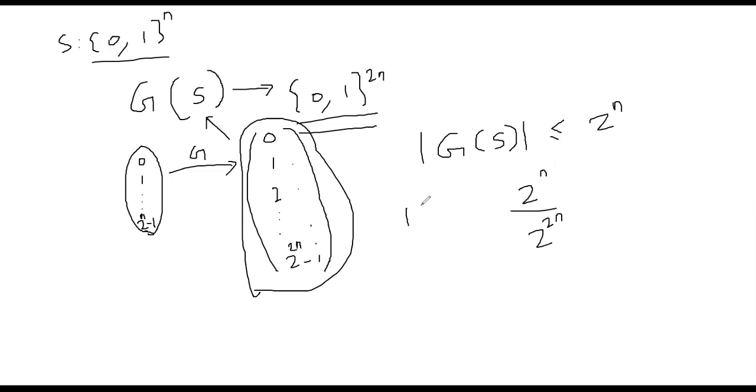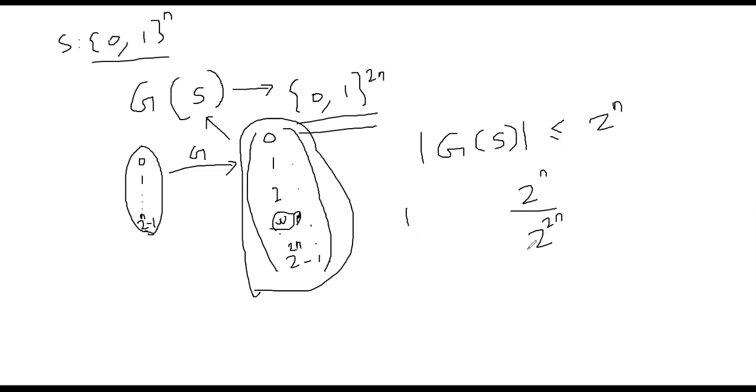So if you pick an element randomly from this set, let's say I'm picking some element, let's call it w, what is the probability that w was produced by G, meaning some G of s maps to w? I pick a w randomly from the set of all 2n strings.